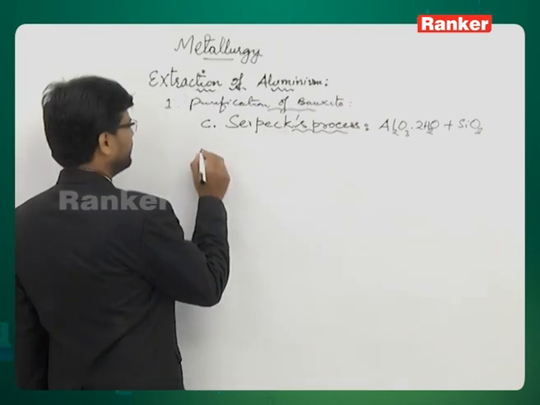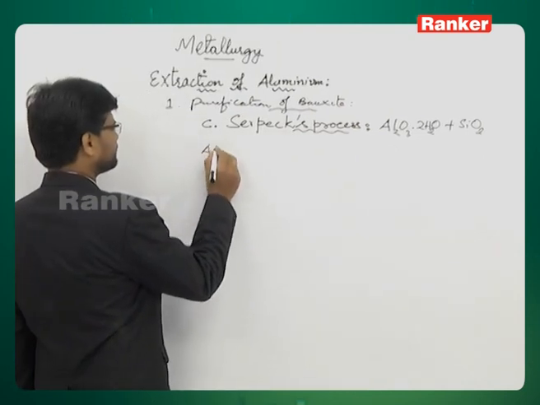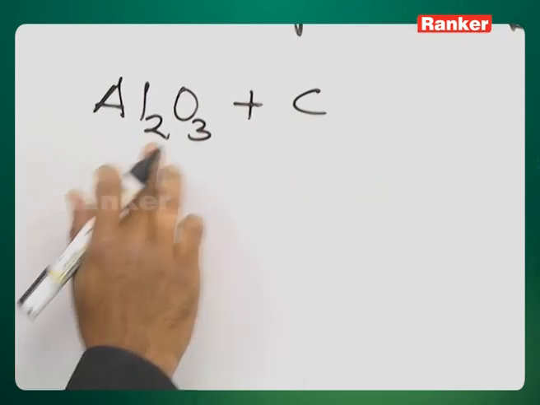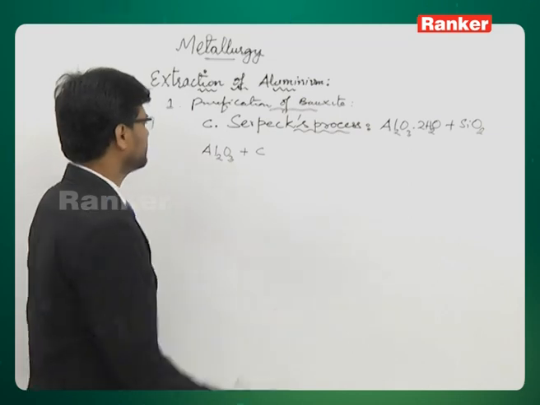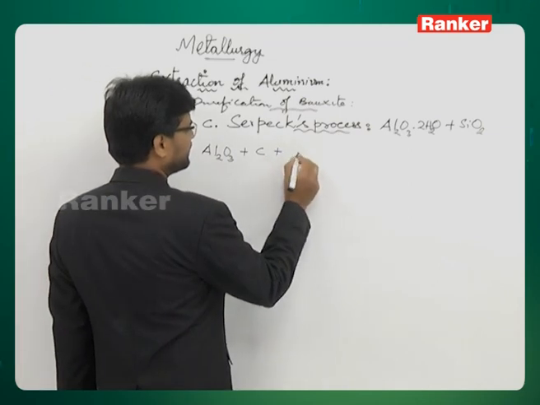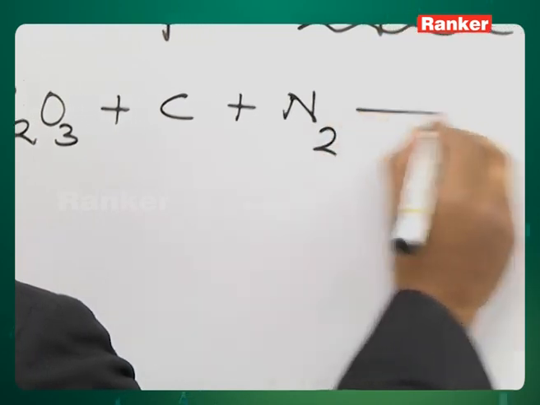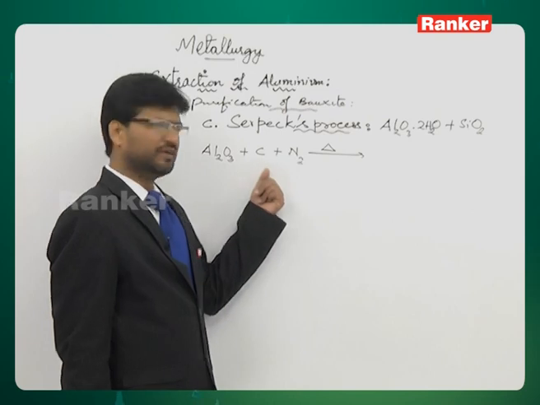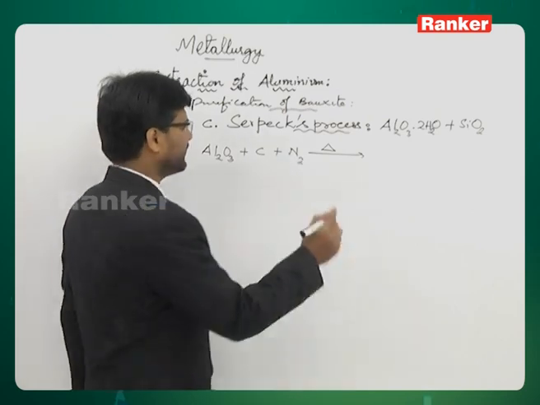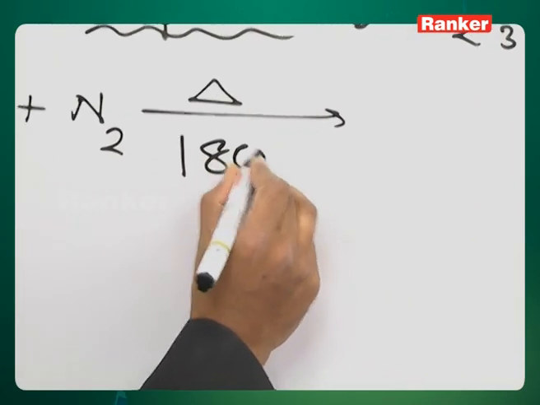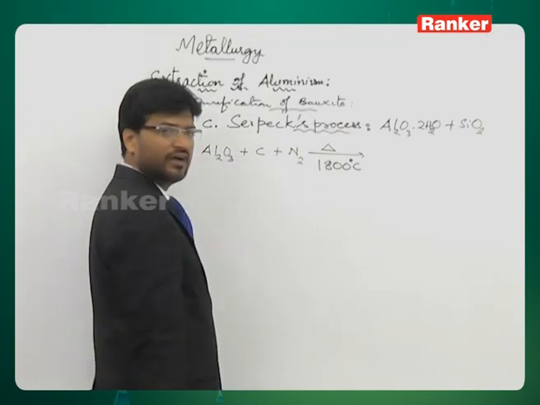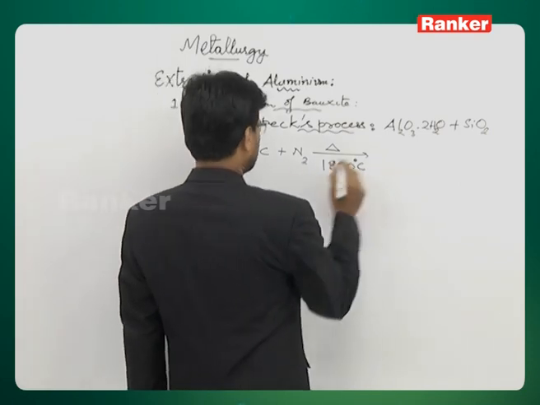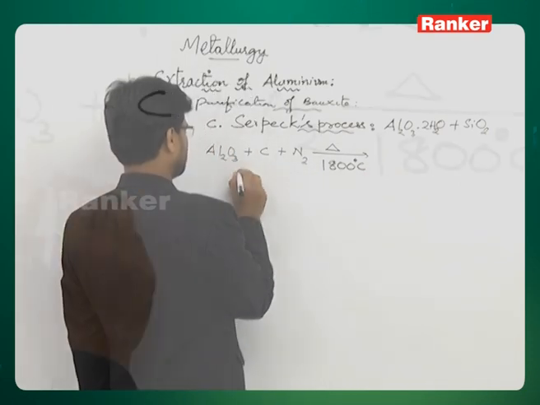Now, what we do here is mix the powdered bauxite ore with coke and heat it in an atmosphere of nitrogen gas at about 1800 degrees Celsius. SiO2 impurity is also there, please don't forget that.